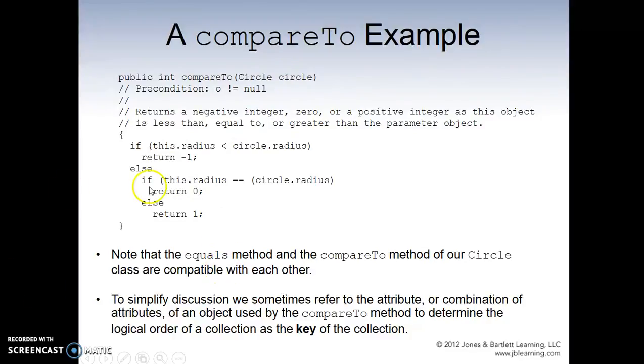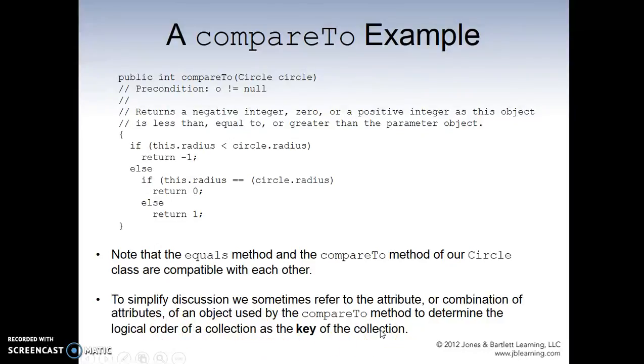Note that the equals method and the compareTo method of our circle class are compatible with each other. To simplify discussion, we sometimes refer to the attribute or combination of attributes of an object used by the compareTo method to determine the logical order of a collection as the key of the collection.